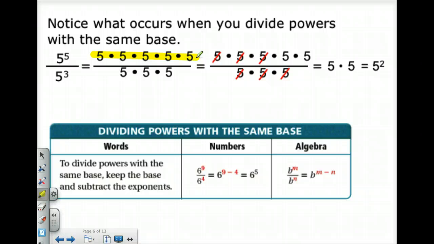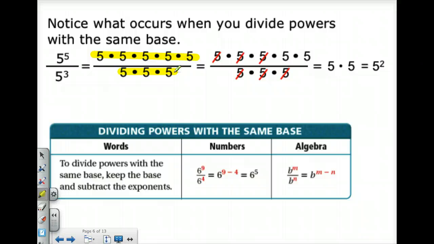And I did the same in the denominator, 5 to the 3rd power, so I put 3 5s. Remember, anytime you have a number in the numerator that is the same as the number in the denominator, you can cancel them out. Remember my fun little song, "Do you see what I see?" So we cancel those out.